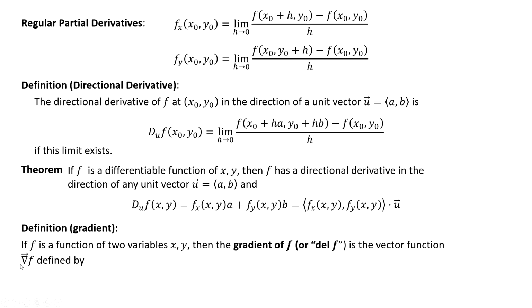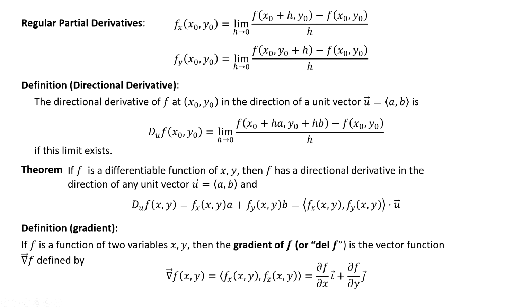Look at that. It's like an inverted delta, and it is a vector. And that is defined by del f of x, y is just partial f with respect to x i, plus partial f with respect to y j. I don't know why I didn't write that.